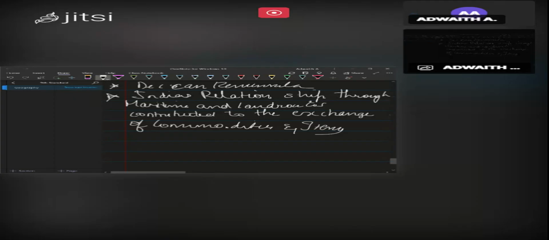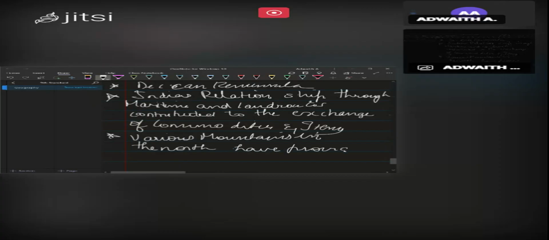First point: various mountains in the north, this is very important, have provided ancient travelers passages.